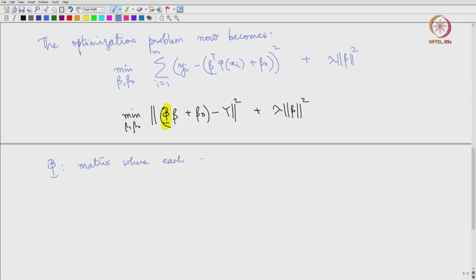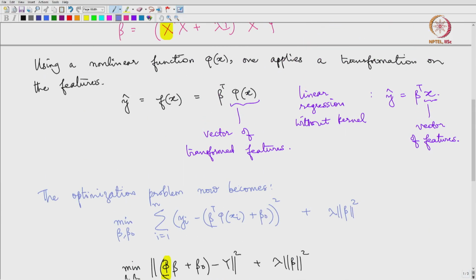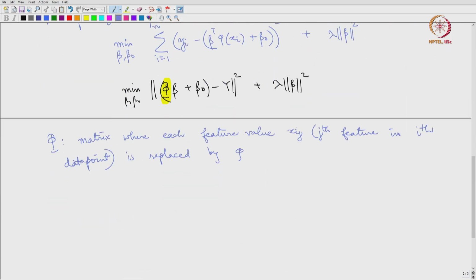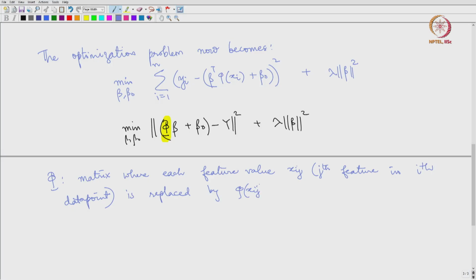each feature value xij, where xij means the jth feature in the ith data point, is replaced by the function small phi that I had introduced here applied on xij.